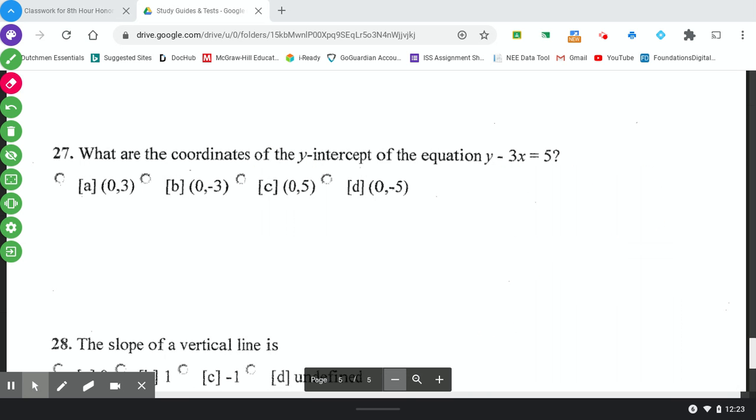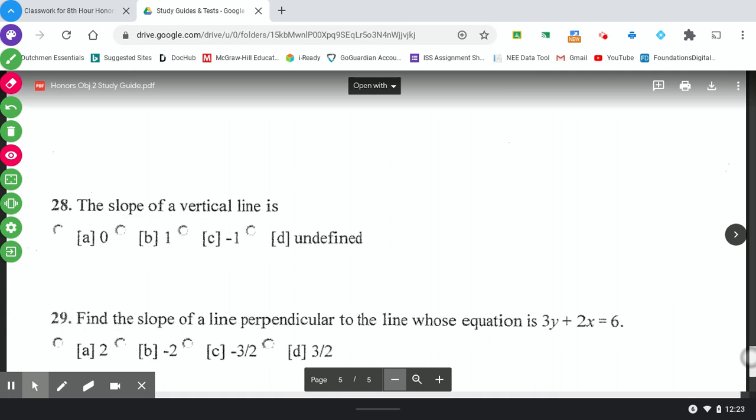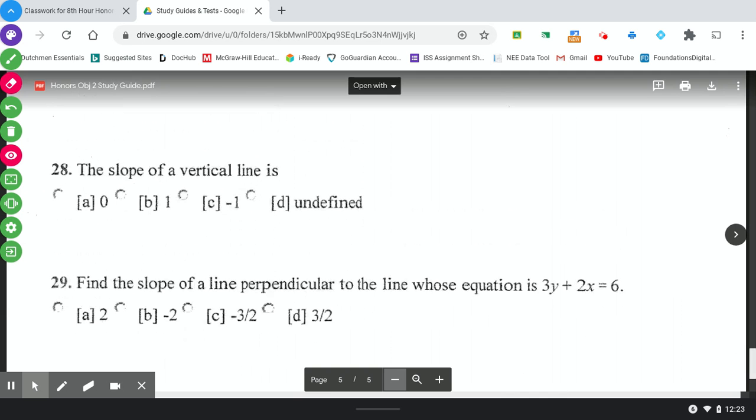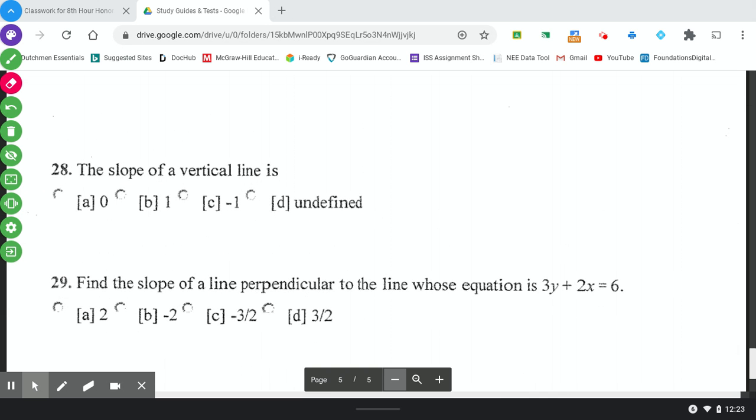All right. Number 28. The slope of a vertical line. Okay, and we talked about this a minute ago. Slope of a vertical line, remember a vertical line goes up and down like this. So it has a rise but no run, right? It doesn't go side to side.